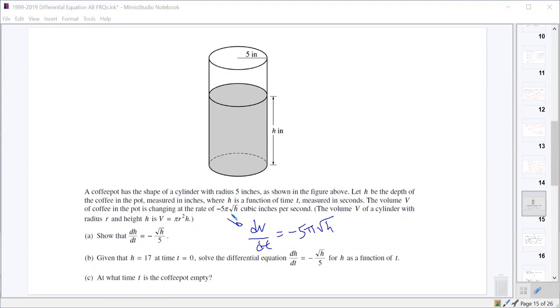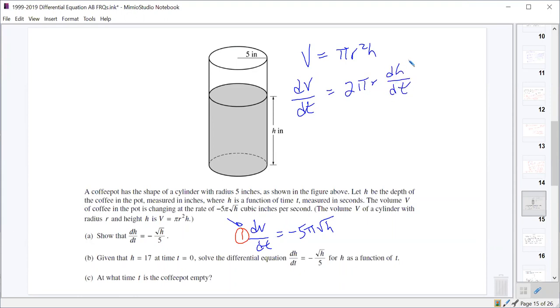And just indicating that somewhere within the problem was worth a point. But then you would have taken your volume equation, volume equals pi r squared h, and taken the derivative with respect to t to get dV/dt equals 2 pi r dH/dt.